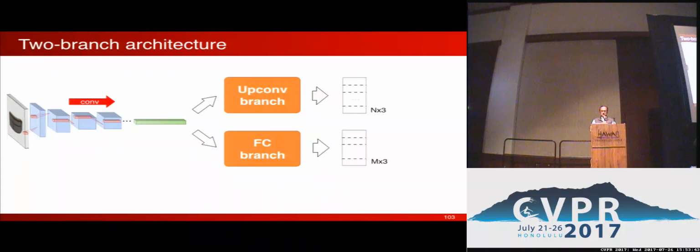But then we'll do the up conversion, the lift into 3D through two different branches, one that captures the smooth behavior and one that captures the intricate behavior. And for the first, we'll use a convolutional approach, and in the other, we'll use a fully connected approach. And each of these will give us a point cloud, and then we will simply combine the two point clouds to get the final result.